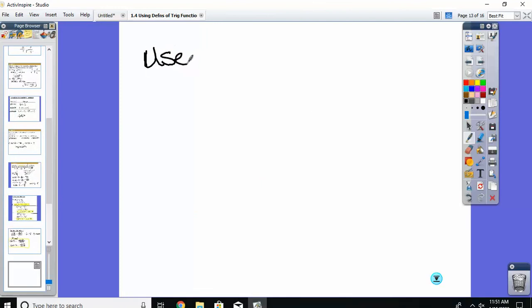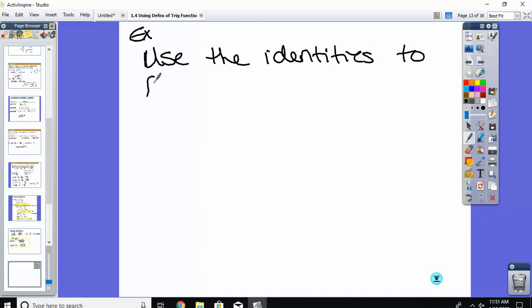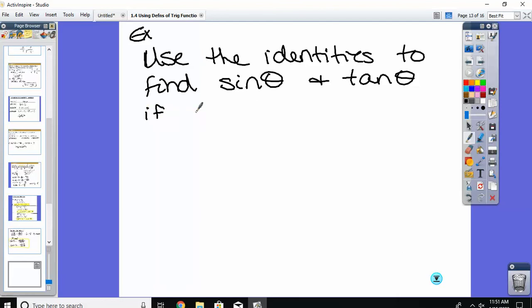Let's say I want you to use the identities to find sine theta and tangent theta if cosine theta is negative 7 over 25 in quadrant 2.